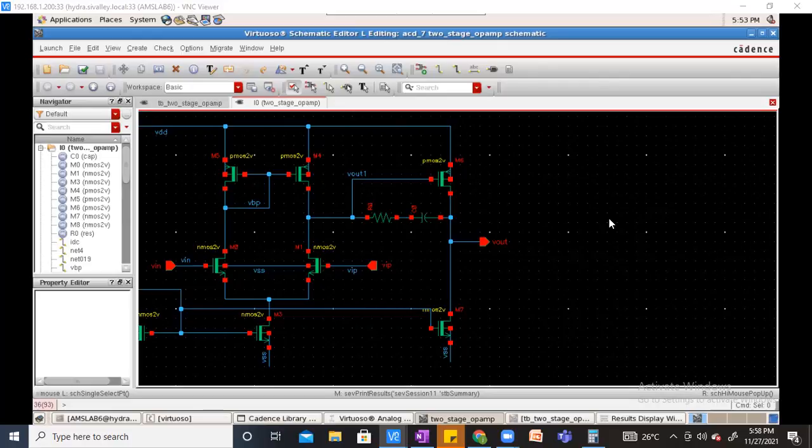I think we almost done all the analysis, right? Anything pending here with respect to the two-stage Opamp analysis? Can anyone think of any simulations we left for this particular two-stage Opamp?